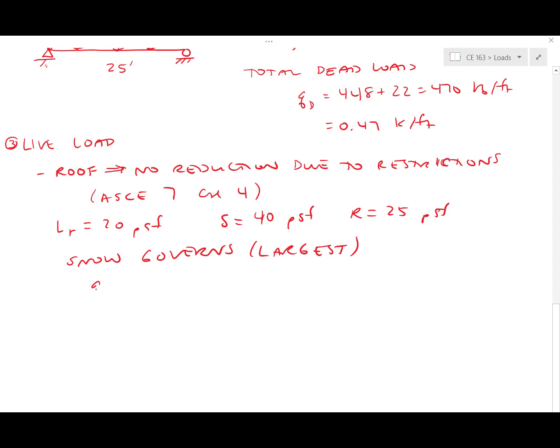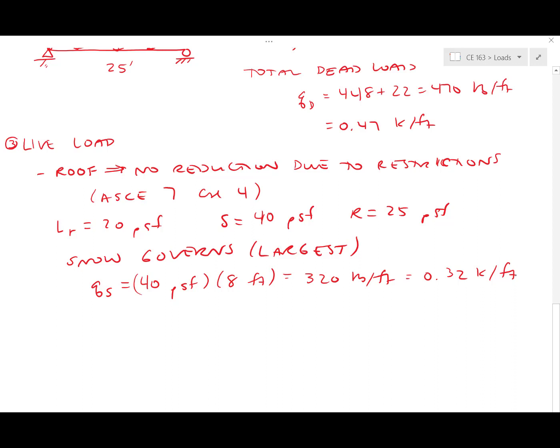Alright, so let's calculate. I'm going to call this Q sub S for snow. It's 40 psf, again, times the tributary width to get the units of pounds per foot. This gives me 320, or 0.32 kips per foot.